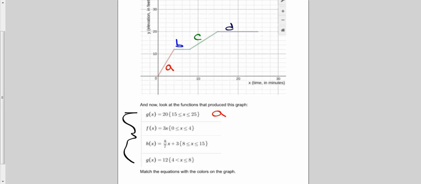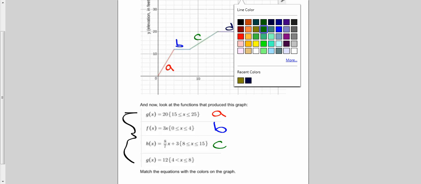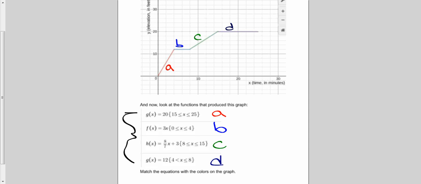And if f of x equals 3x, if you think that's B, then I want you to put a B there. If you think h of x is C, I want you to put a C there. And if g of x is D, I would want you to put a D there.